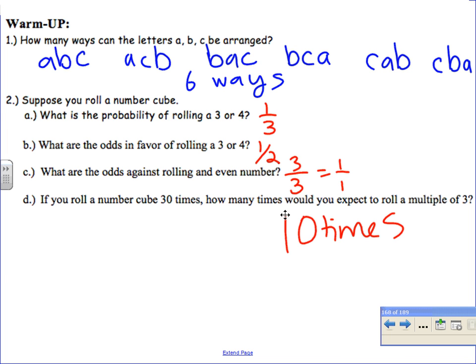Annalise? Probability of rolling a 3 or a 4 on a number cube. So how many 3s are on a number cube? Okay. How many 4s are on a number cube? Okay, so that's 2 total over 6, which reduces to 1/3.